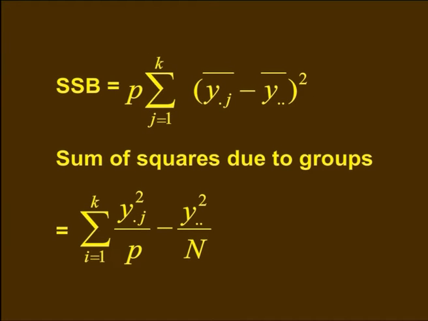Similarly, SSB is equal to p times summation j equal to 1 to k (y bar dot j minus y bar dot dot) whole square, which is the sum of squares due to blocks or groups and can be simplified as summation j equal to 1 to k y dot j square by p minus y dot dot square by n.